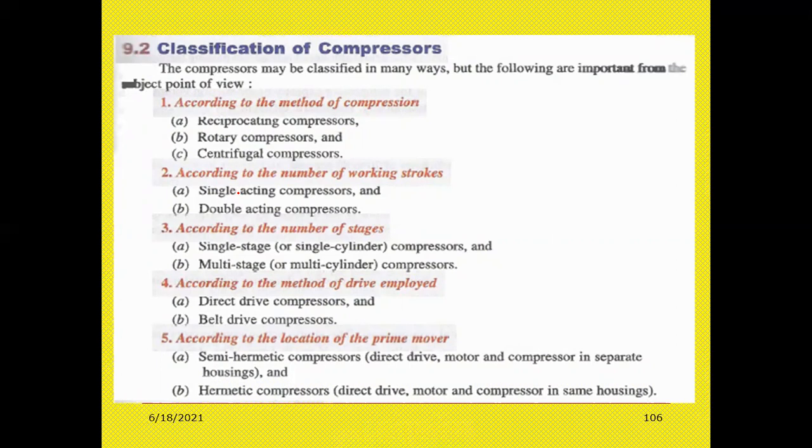First thing is compressing the refrigerant by the reciprocating method, rotary method, and centrifugal method. So the basic three ways are reciprocating compressors, rotary compressors, and centrifugal type of compressors. These are the three ways according to the method of compression.